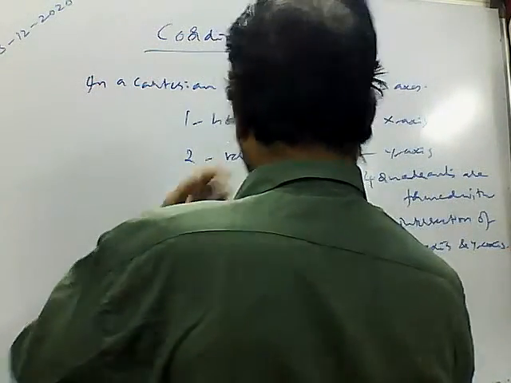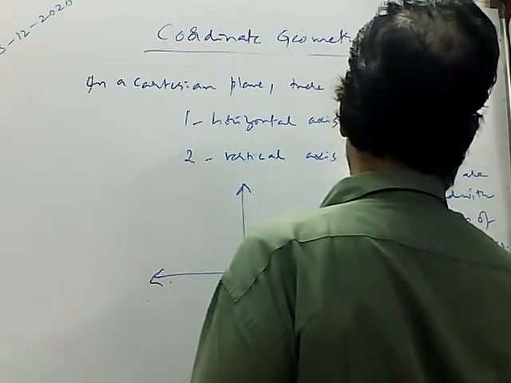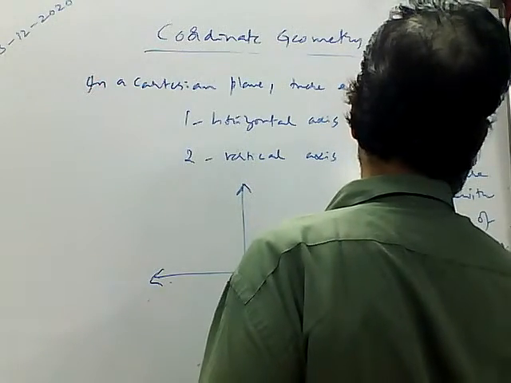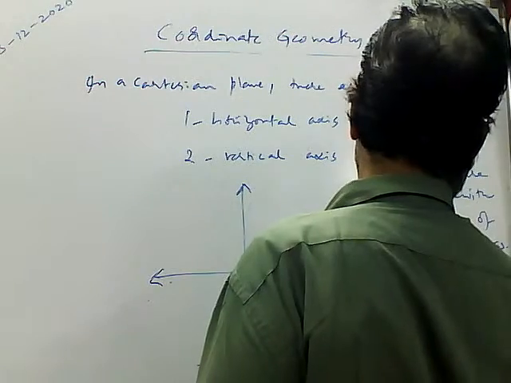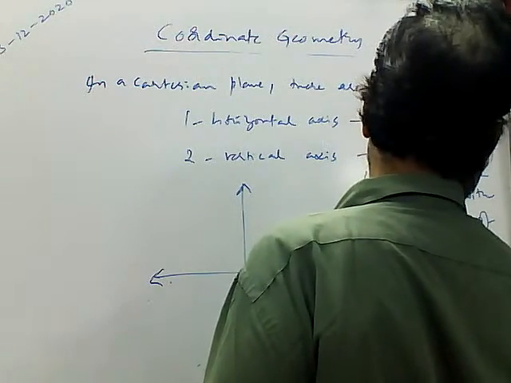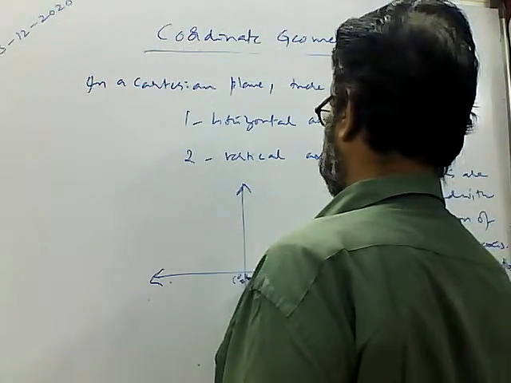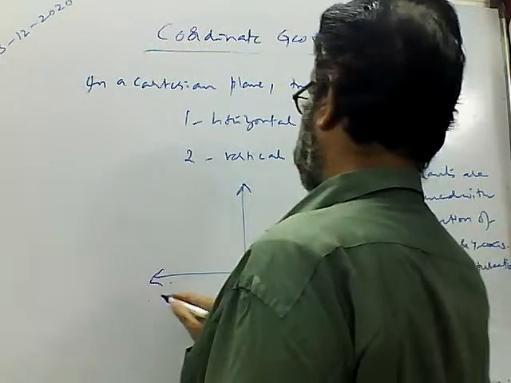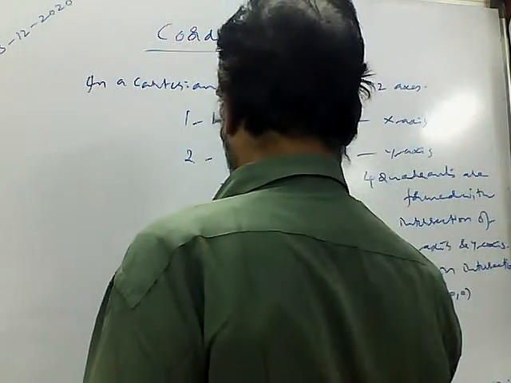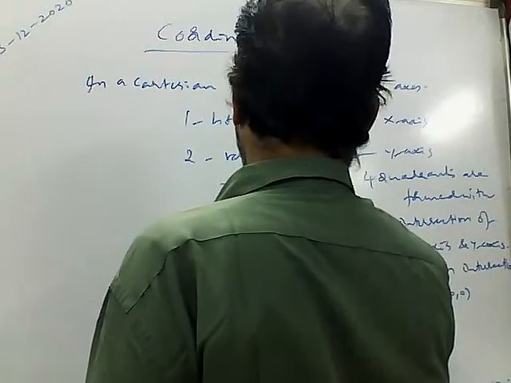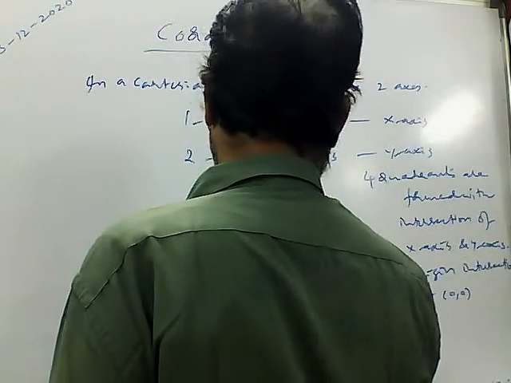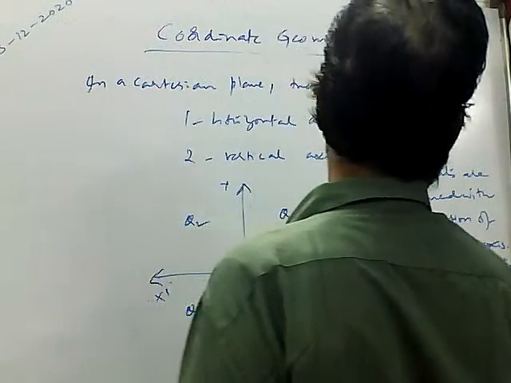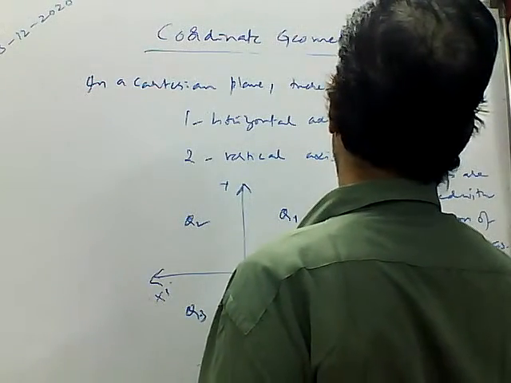This is the origin, the intersection point, (0, 0). X dash, y dash. So Q1, Q2, Q3 in the anti-clockwise direction.